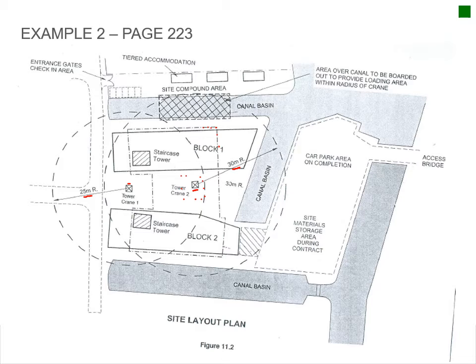Once you're out of the ground, you can actually take that one out or get rid of that one and only leave the one. So you guys can read through that. I think it's very straightforward.